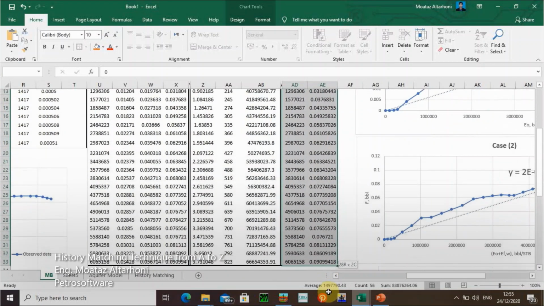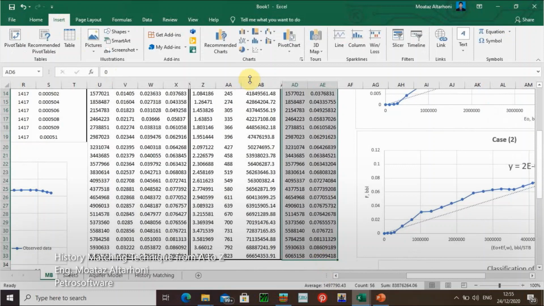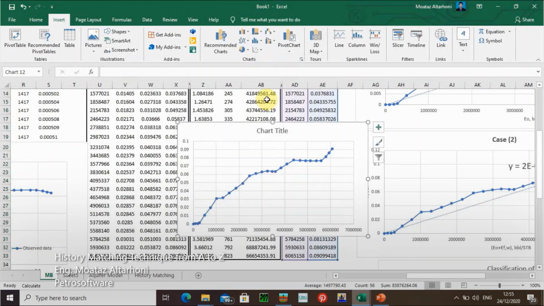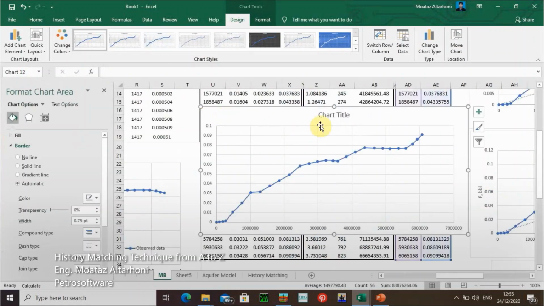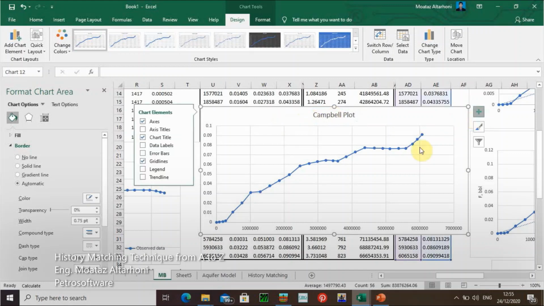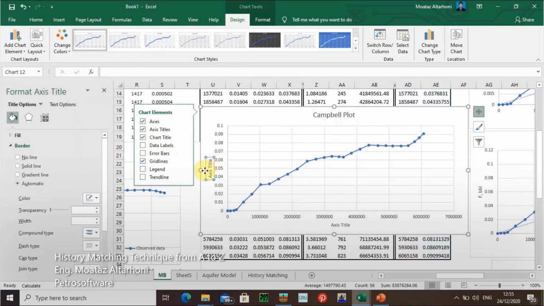I can use this. Let's see. We can see here, this is the Campbell plot, which gives us a good diagnostic plot. What decision can I make from this plot?